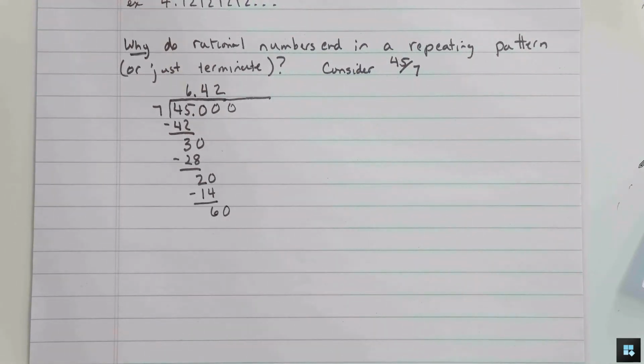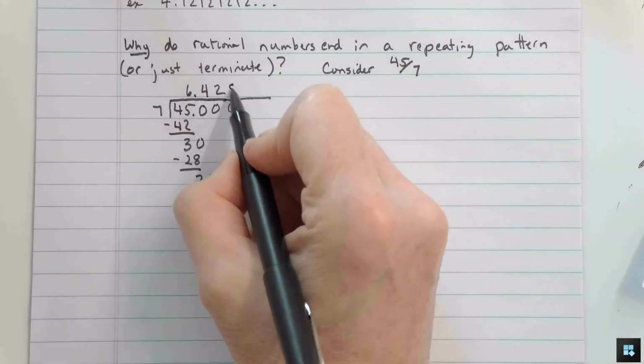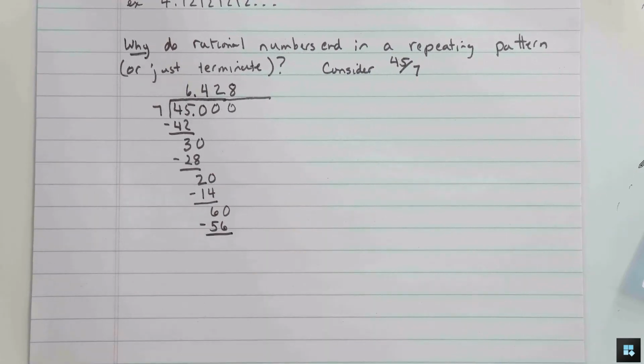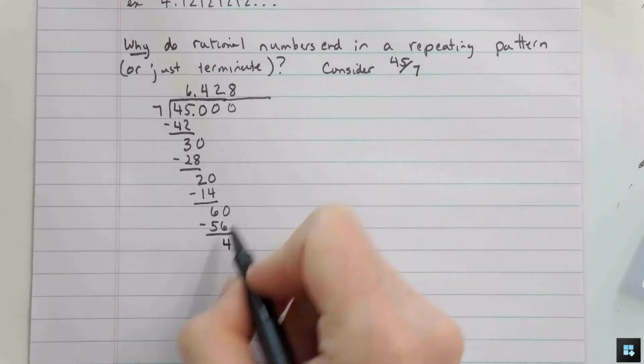Bring down another 0. 7 divides into 60 8 times. 8 times 7 is 56. 60 minus 56 is 4.